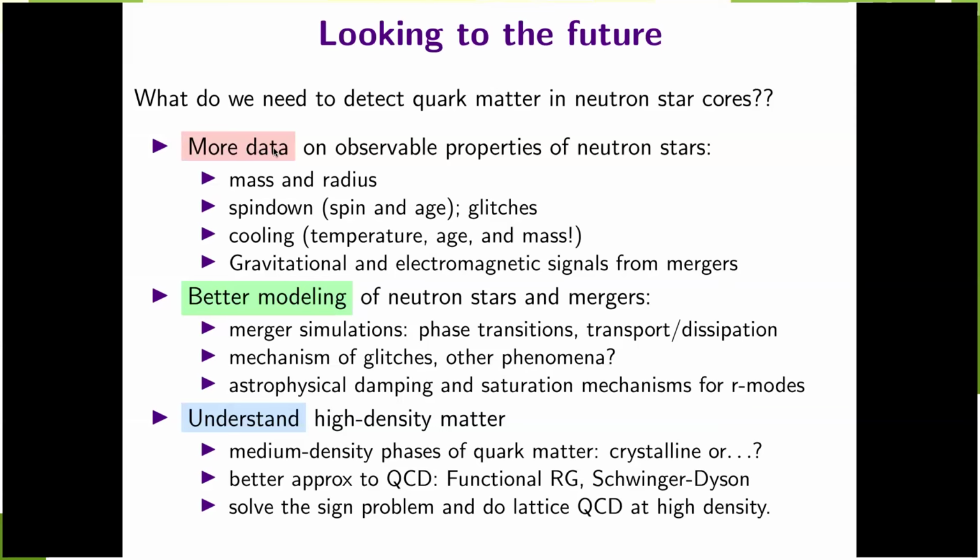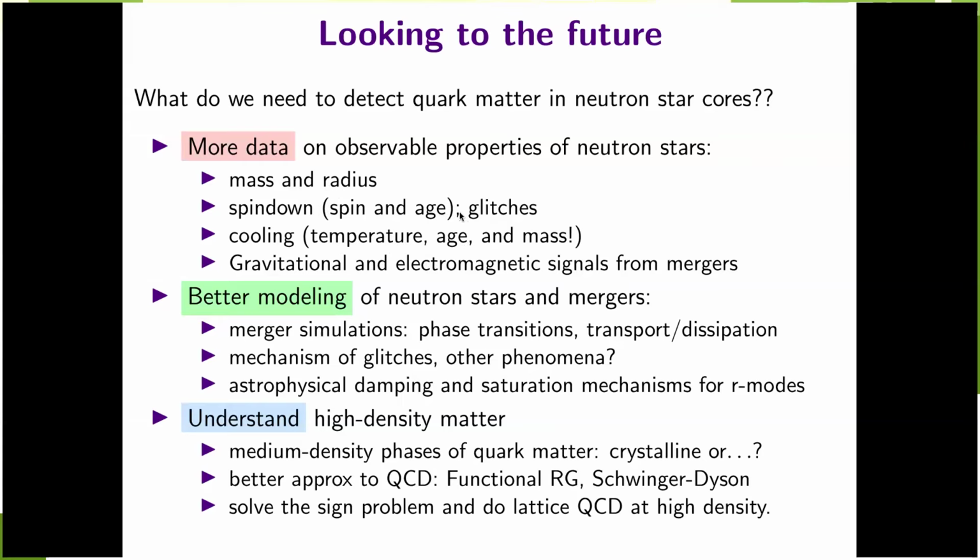The things that can be helpful are measuring their masses and radii, measuring their spin and age simultaneously, which tells us how fast they spin down, measuring how glitches go, measuring their cooling, their temperature and age, and we'd like to know their mass too. And also, most recently, the new kid on the block is measuring gravitational and electromagnetic signals from neutron star mergers, which we hope could also give us some insight into the properties of the matter that those neutron stars are made of.